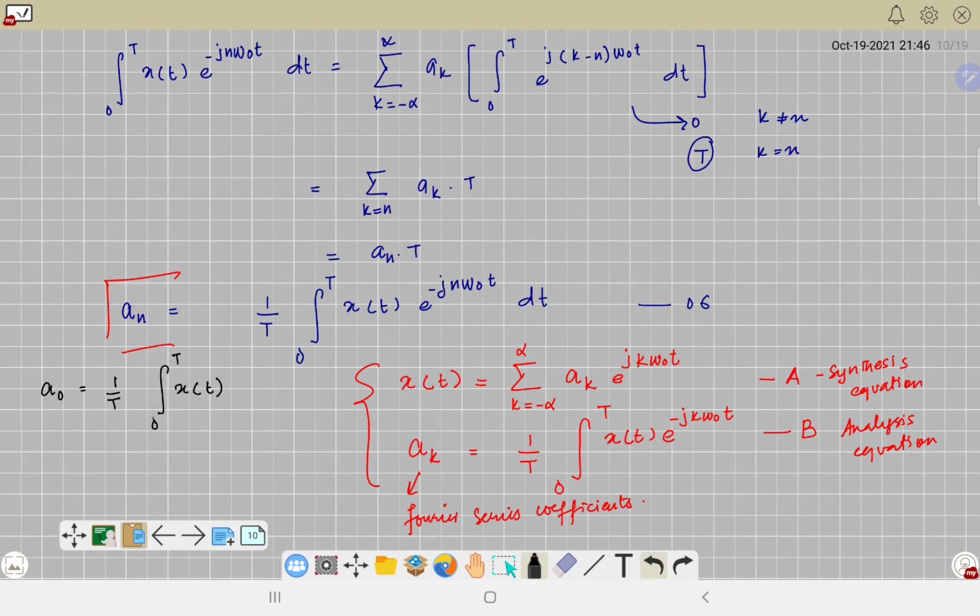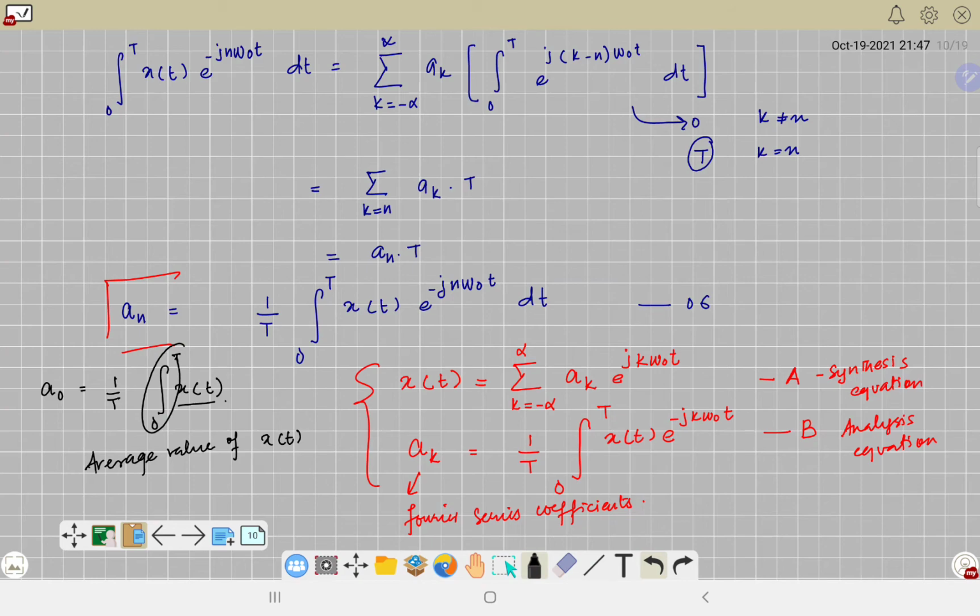So you are integrating the signal x of t over the time period T, then dividing by T. So this is simply the average value of the signal x of t over one period.